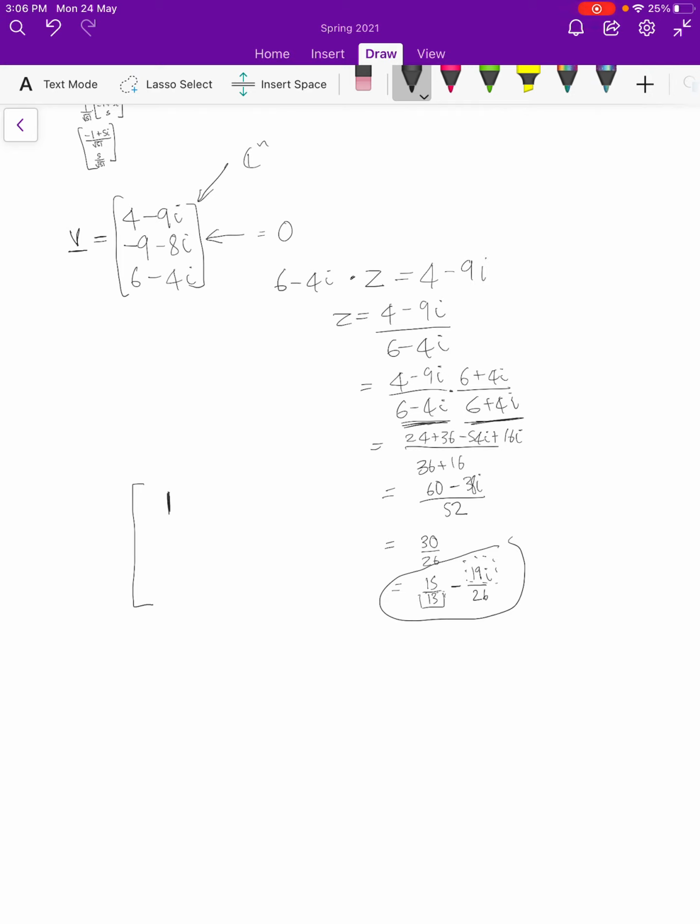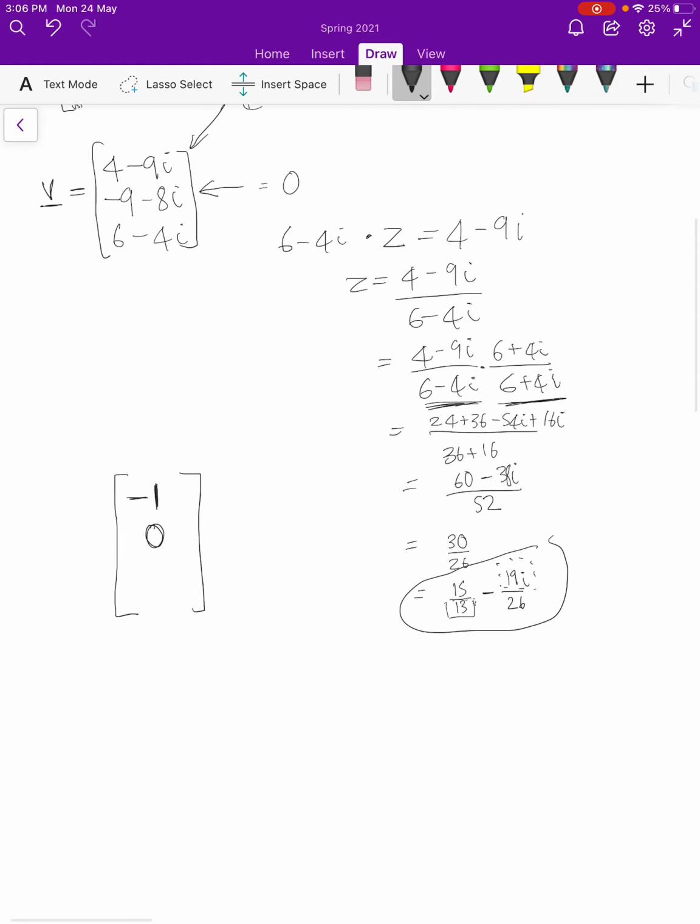Okay, we're going to let 4 minus 9i come out from there. 0 in our second element. Actually, I think it's easier if we just write minus 1 here. And I'll explain that in just a second. And here, we want to add 15 over 13 plus 19i over 26.